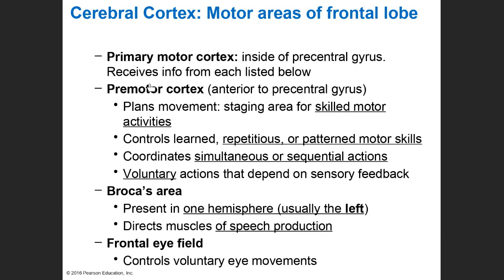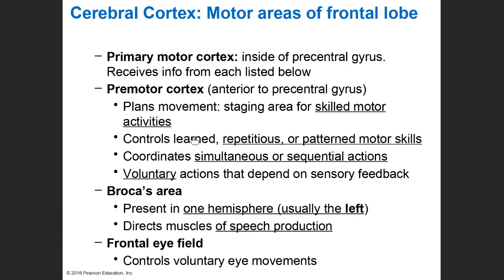And this is really the planning area. This is really where we're having conscious, remember, we're in the cortex here. We're about conscious control in the cortex. So we're really doing all of our planning for movement and skilled motor activity.